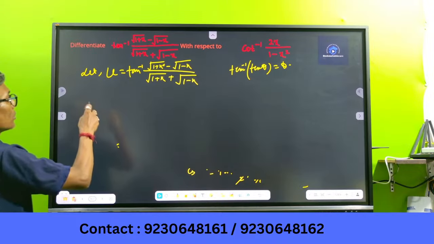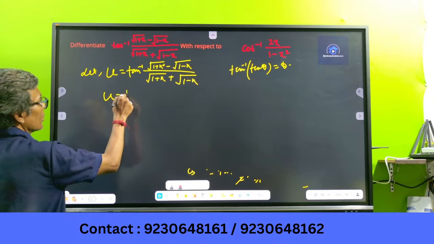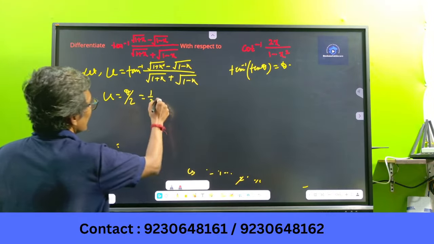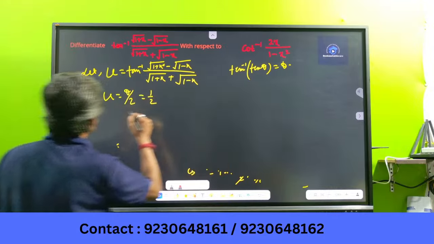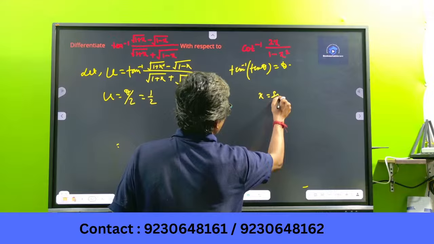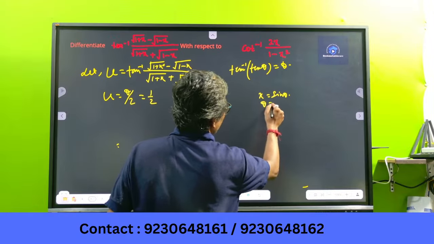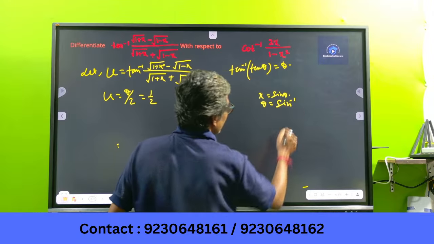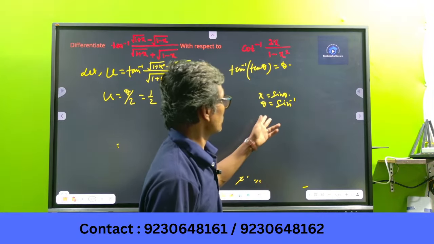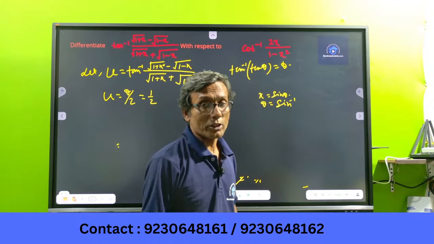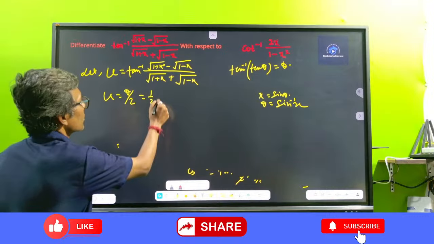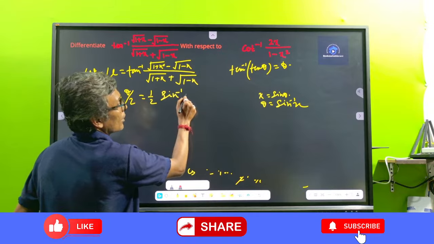So u is equal to theta by 2, which is half into theta. We assumed x is equal to sine theta, so theta is equal to sine inverse x. This formula also belongs to inverse trigonometric functions.